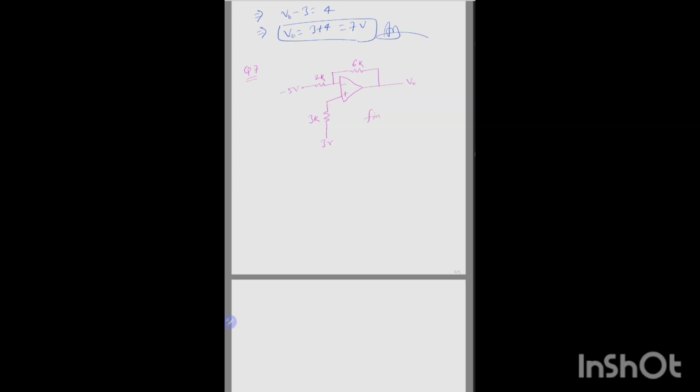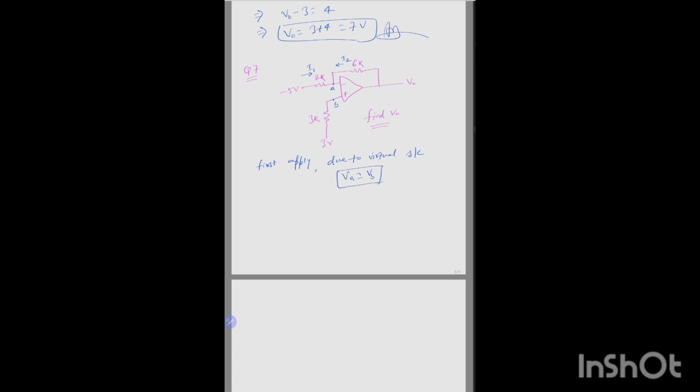This is the answer. Here also find output voltage V0. How will we proceed? Same manner. Give the names node A, node B, and current I1 and here current I2. First, due to virtual short circuit, VA is equal to VB.